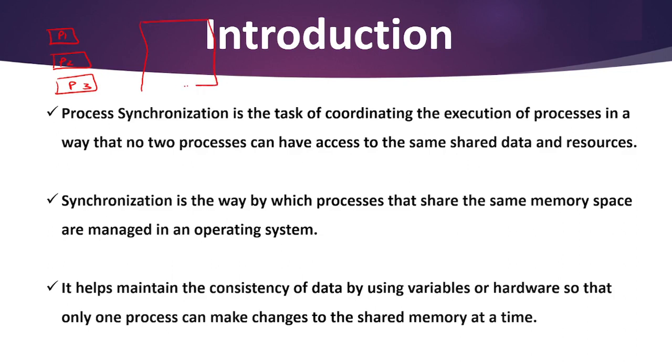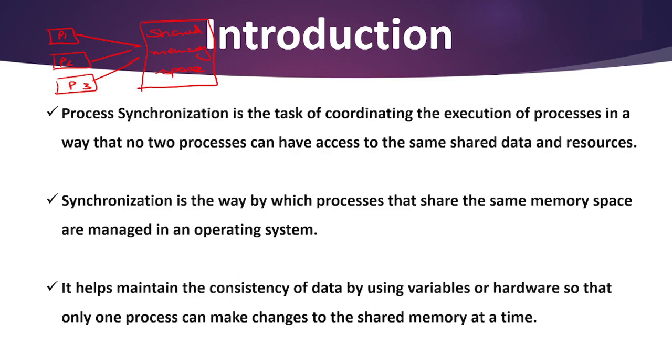These three processes are using shared memory space. That means these three processes have the common memory, right? So synchronization is the way by which processes that share the same memory space are managed in an operating system.